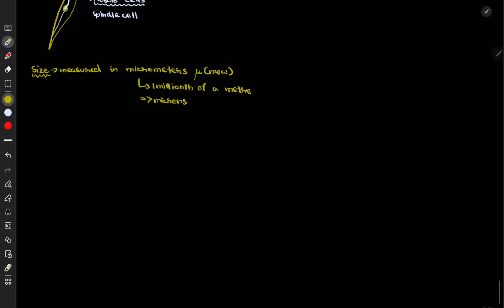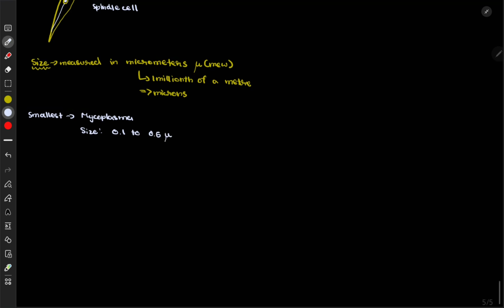So, the smallest is the mycoplasma, with a size of 0.1 to 0.5 micrometers.